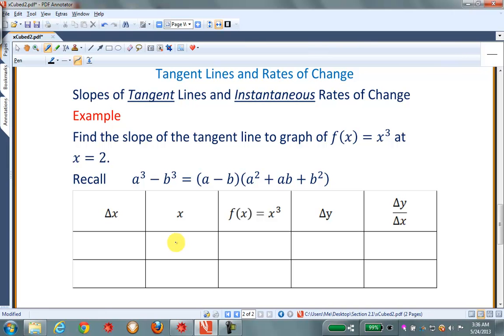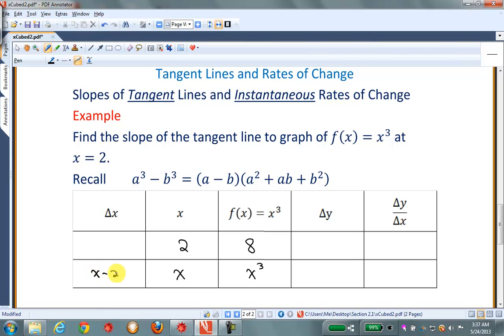We'll start the interval at 2, and the y value, as we saw before, was 8. If we end the interval at an arbitrary value, we'll call it x, the corresponding y value will be x to the third. So x would have changed from 2 to x, or the change would have been x minus 2.